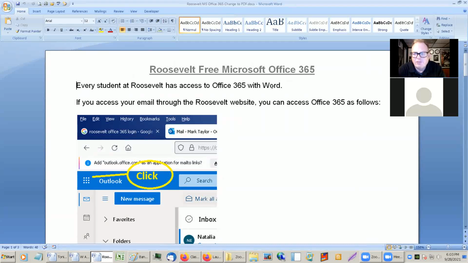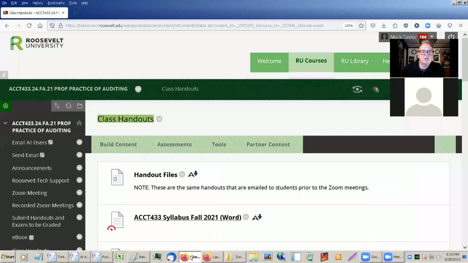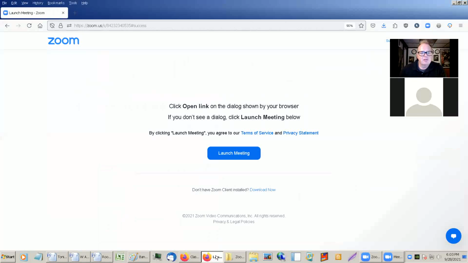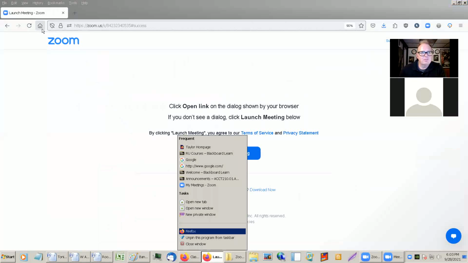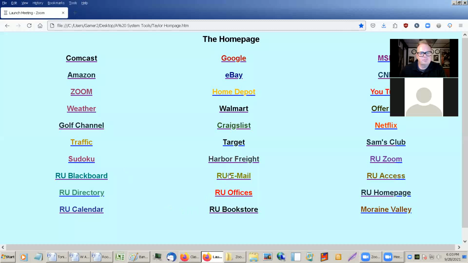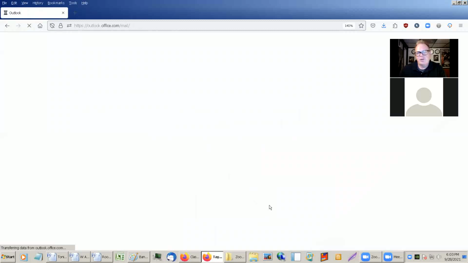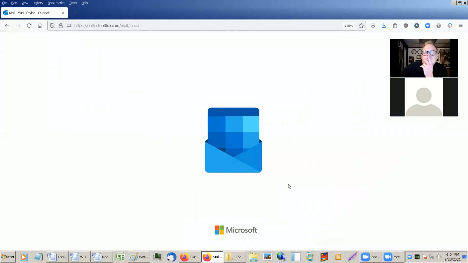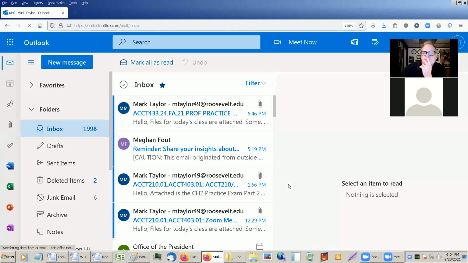You can also download the files themselves, but every student has access to Microsoft Office. And the way you get into it is go to your email account. Wait a really long time for it to load.